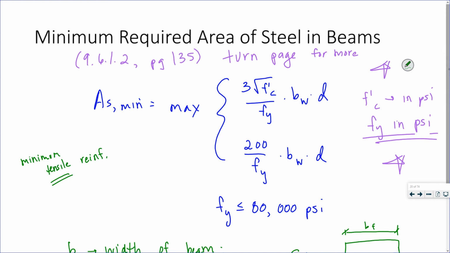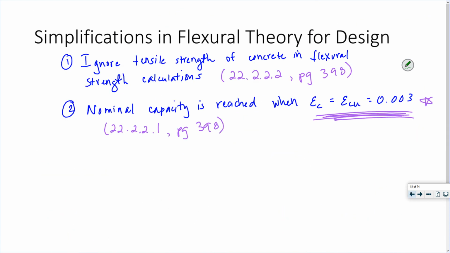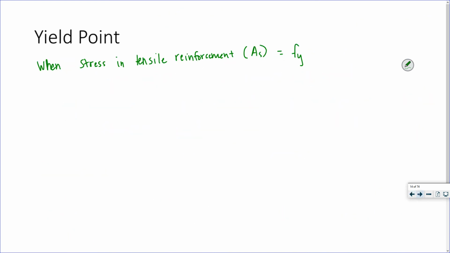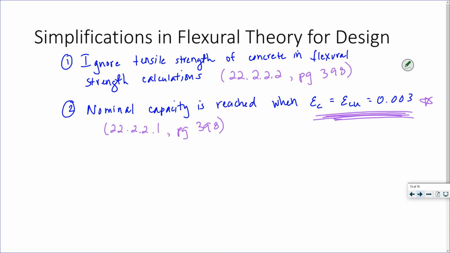So what did we talk about? We talked about simplifications, how we're ignoring the tensile strength of concrete. We're going to assume the strain in our concrete is 0.003, the compressive strain in our concrete. EC is our compressive strain in concrete.